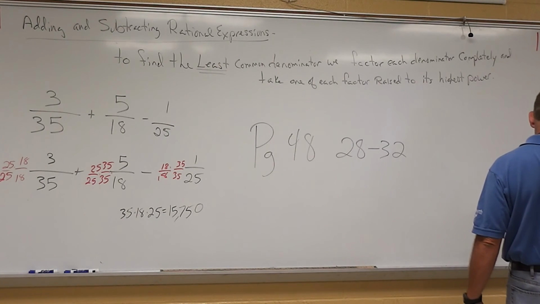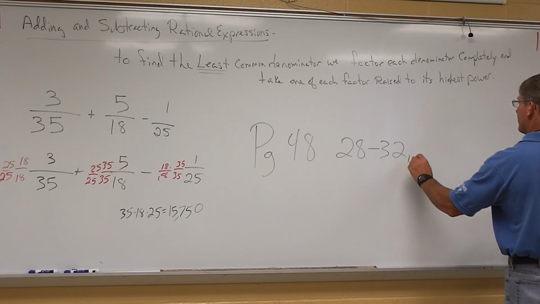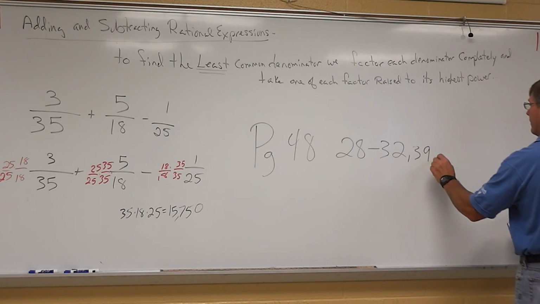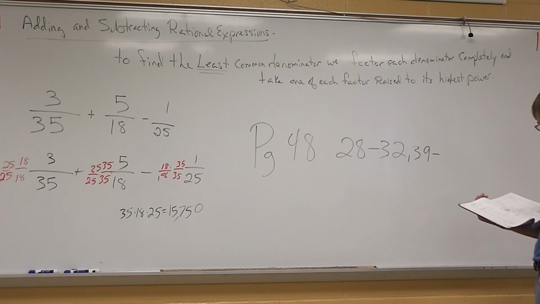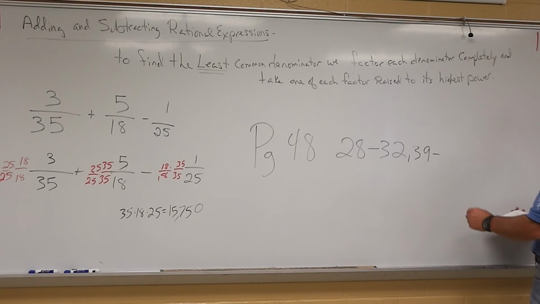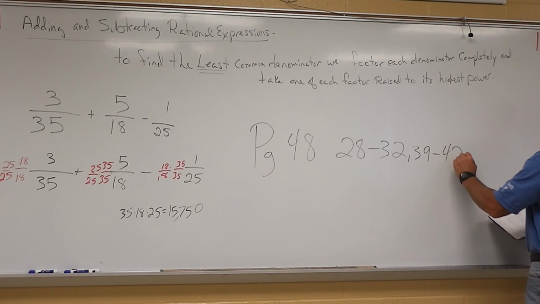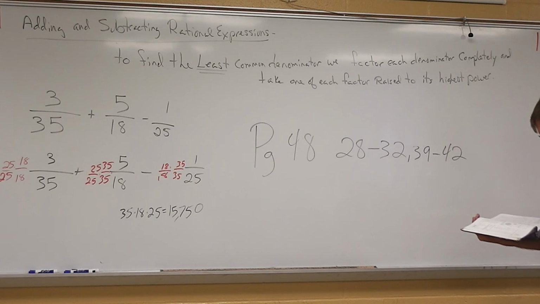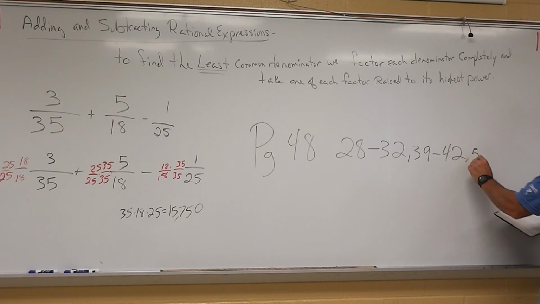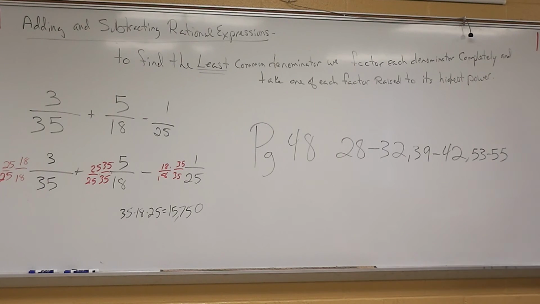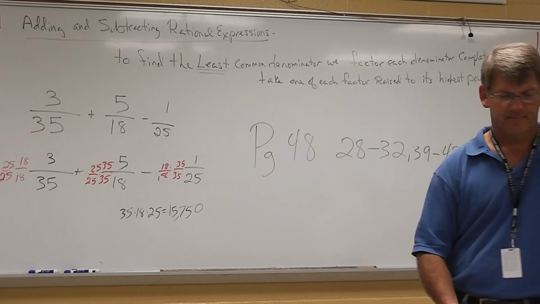And then we picked up 38. Let's get 39 through 42. Ooh, I see some more I like. 53 to 55. We've been doing something like that. I like those. We'll get those.